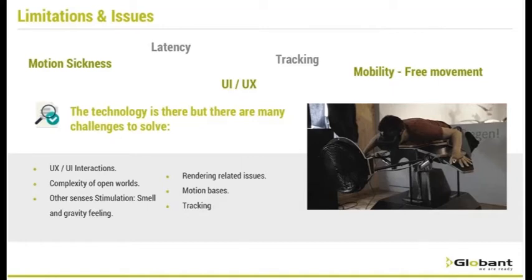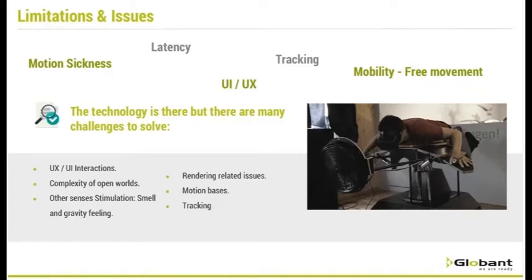One of the things you probably heard about is motion sickness: the difference between what your brain thinks you're doing and what your body and the rest of the senses tell you you're doing. If you try the Oculus, you will experience it first-hand. If you use it for long periods of time without the proper calibration, you will get dizzy, and probably get this motion sickness feeling, and that's due to several things.